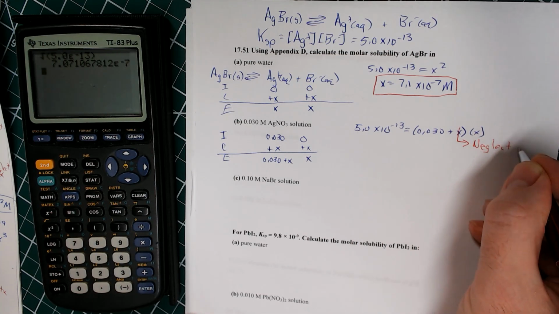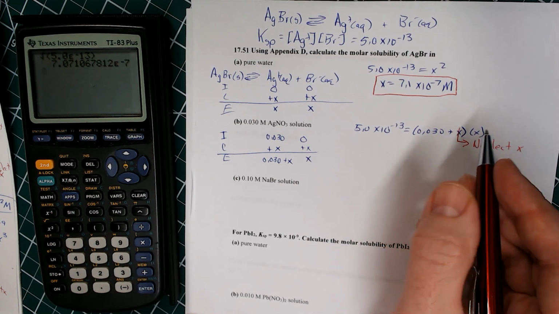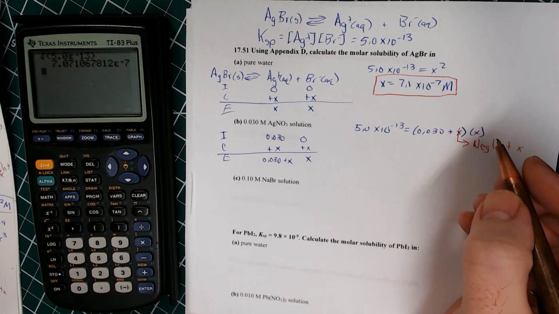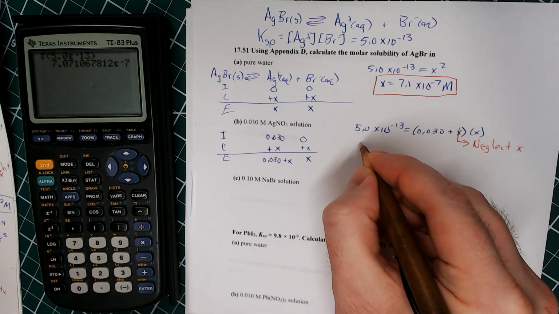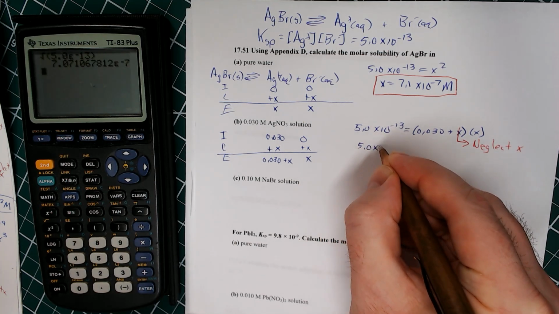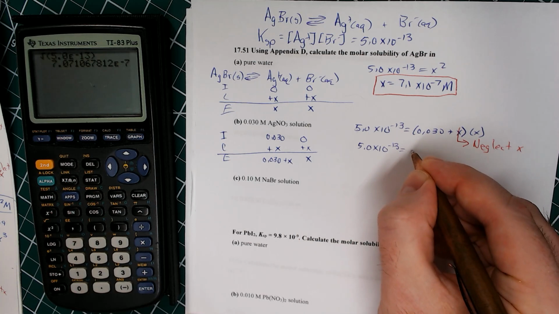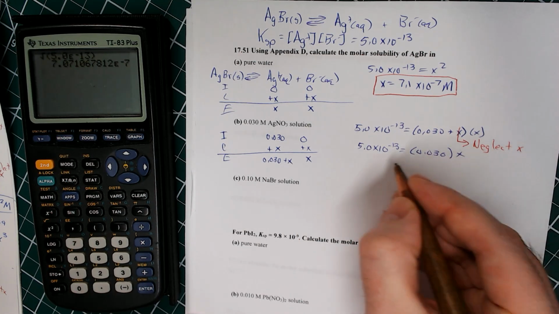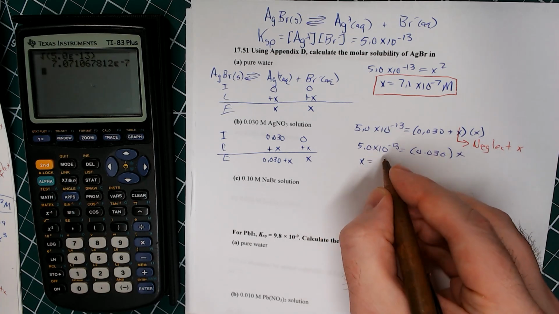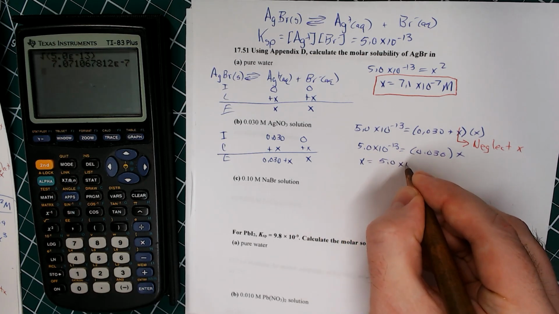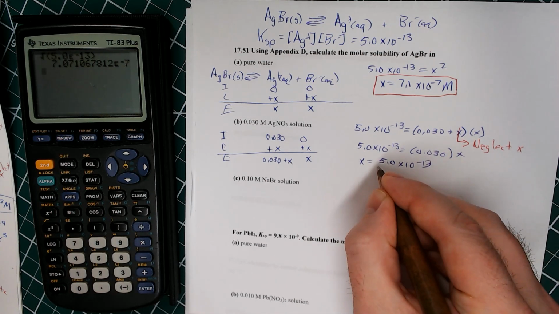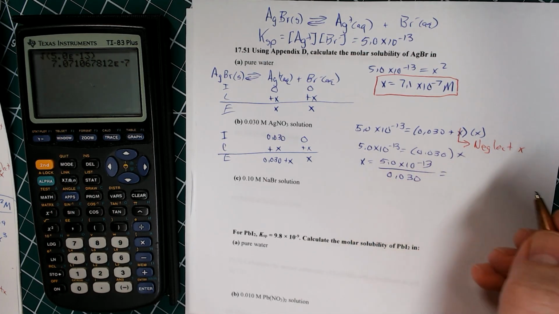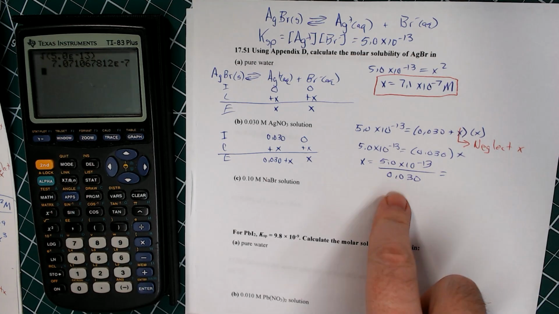When we do that, we are saying that x is small compared to 0.030, and we will definitely find that that is the case. So that gives us 5.0 times 10 to the negative 13 is 0.030 times x. So x is equal to 5.0 times 10 to the negative 13 over 0.030.